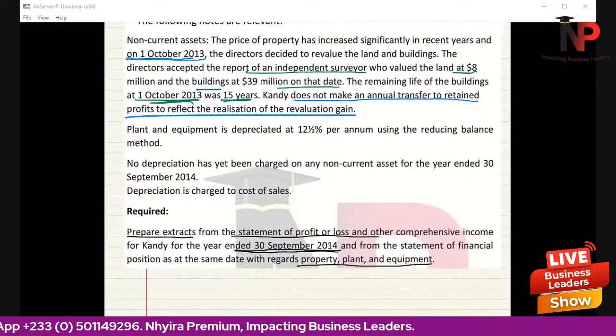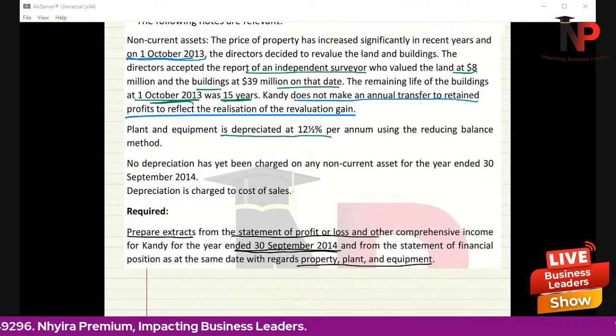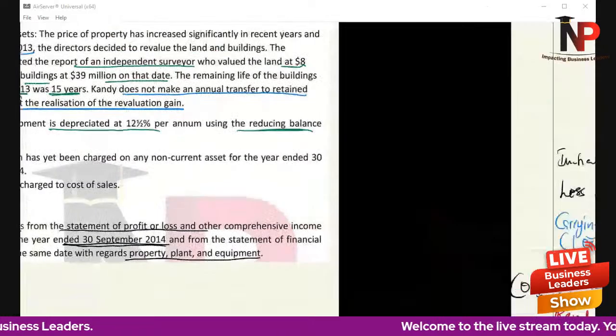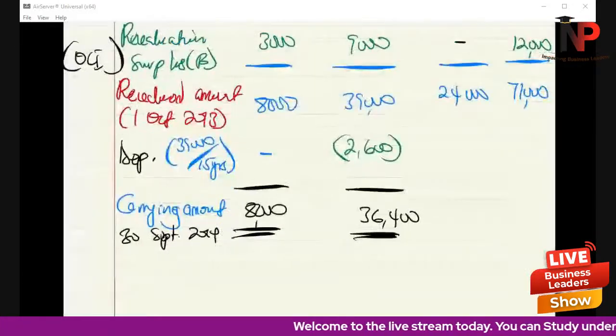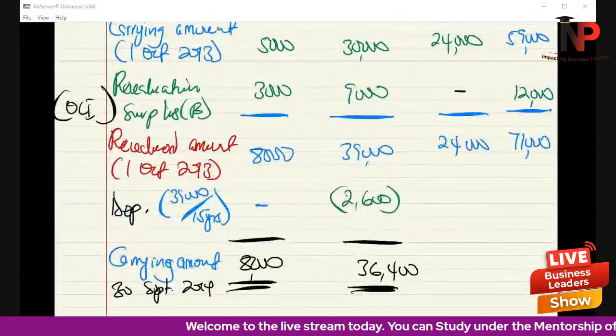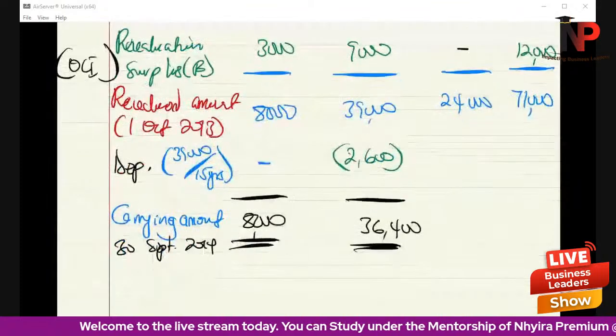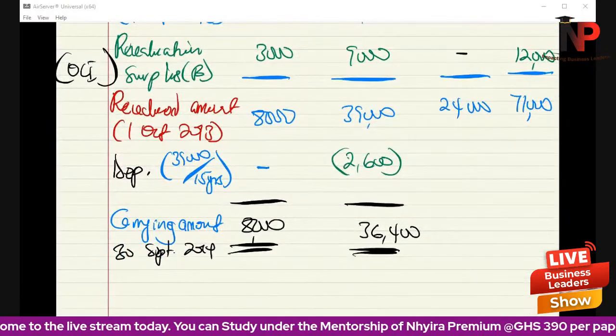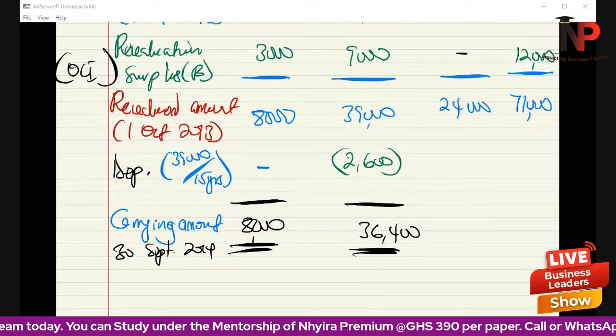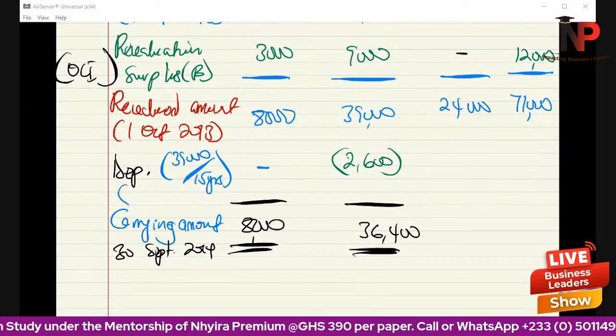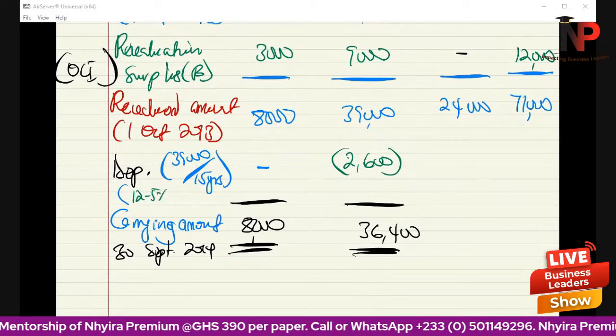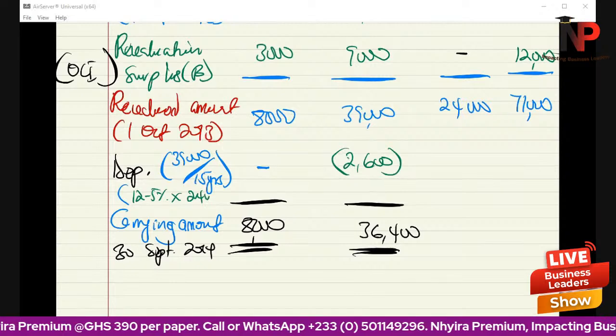Plant and equipment is depreciated at 12.5% per annum using the reducing balance basis. So whilst building is depreciated on straight line, the plant and equipment is depreciated on the reducing balance basis. So that is going to be 12.5%. That's why I left some space here. So 12.5% of the 24,000.